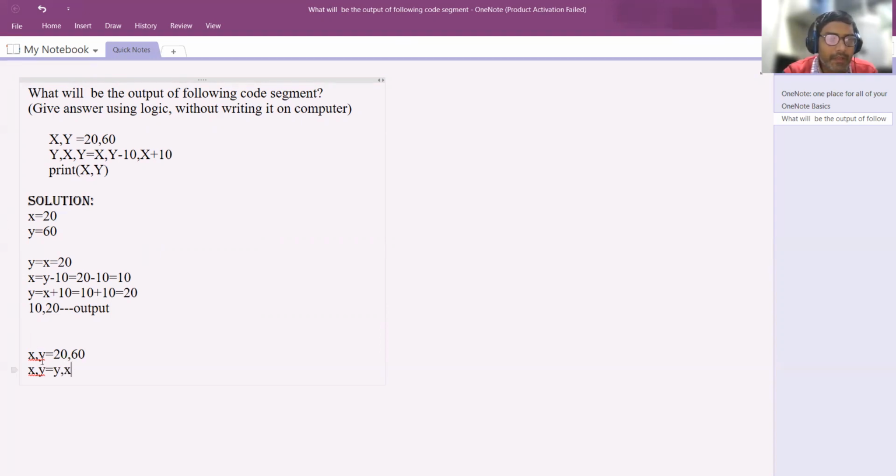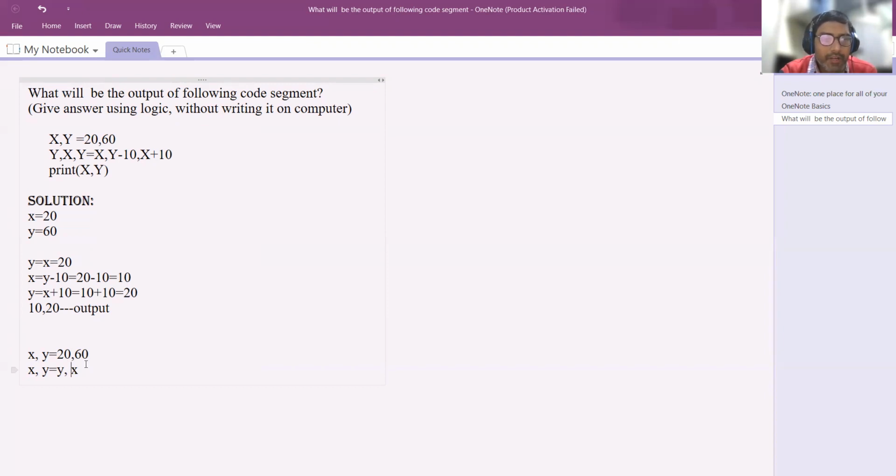So we know that this expression will swap the variables, meaning x will become 60 and y will become 20.